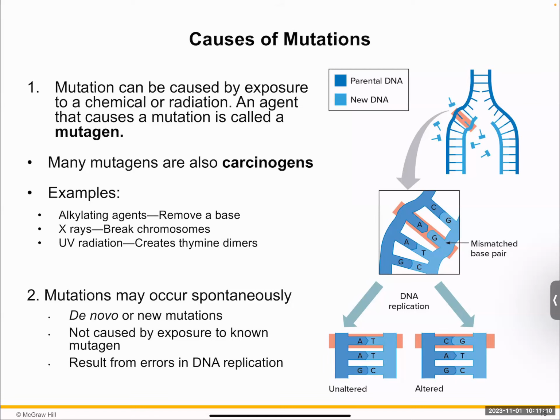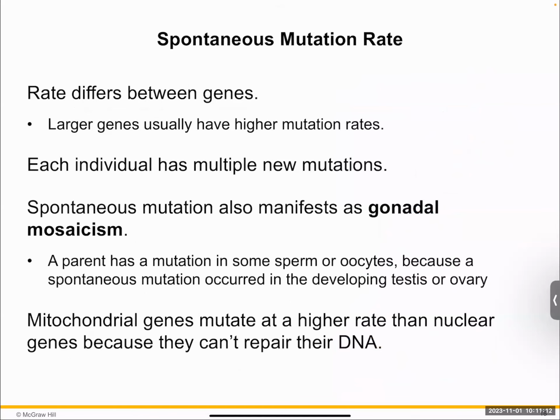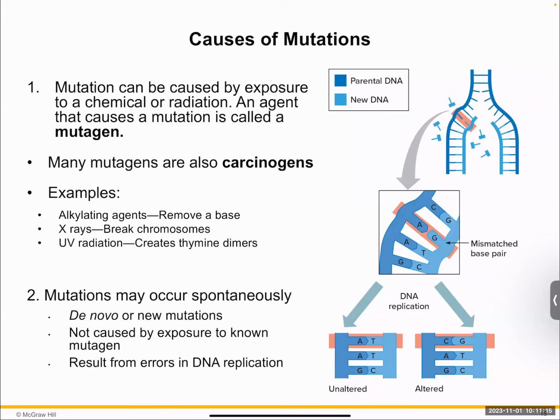And thymine dimers is basically, if you have a sequence, let's say A, T, T, A, and this is the copy sequence, you're supposed to have lines going this way, connecting these two sequences together.